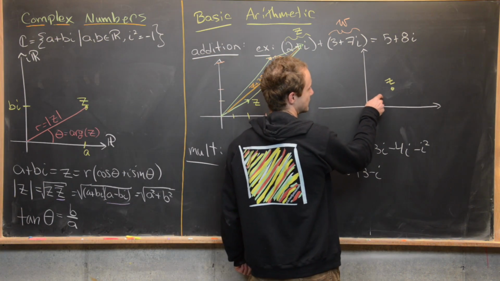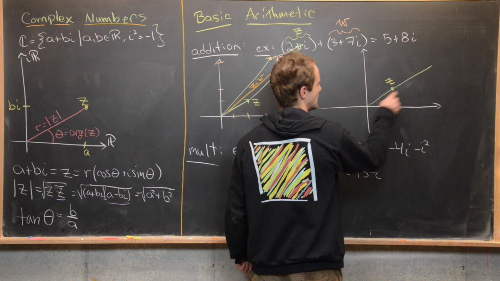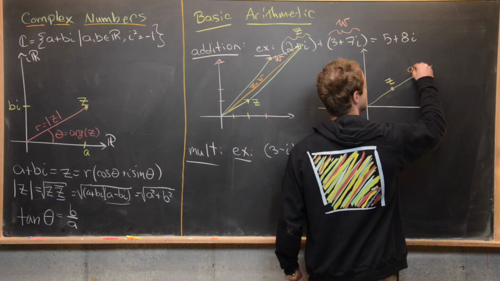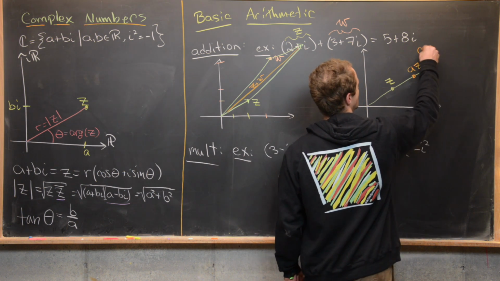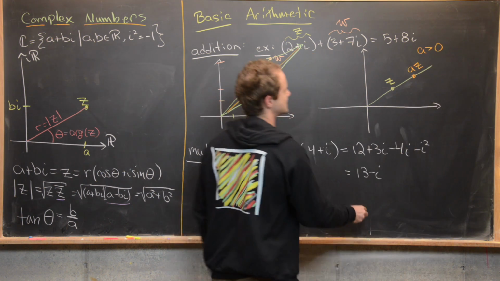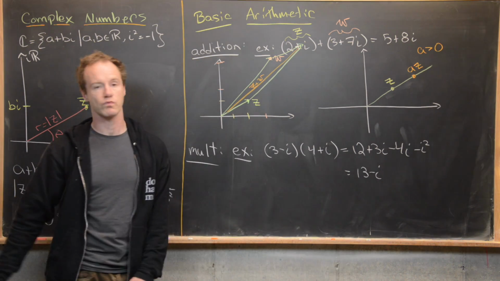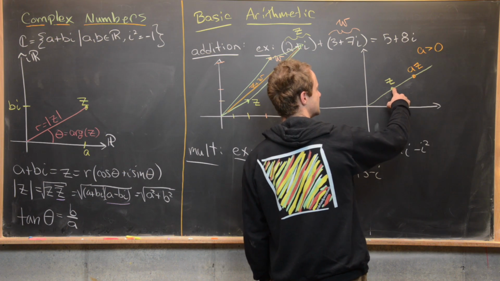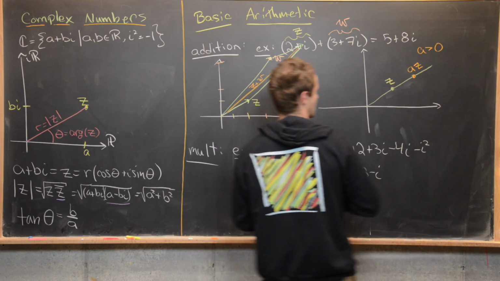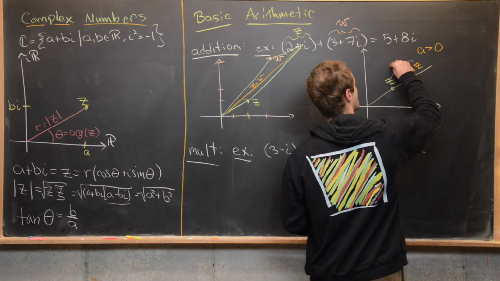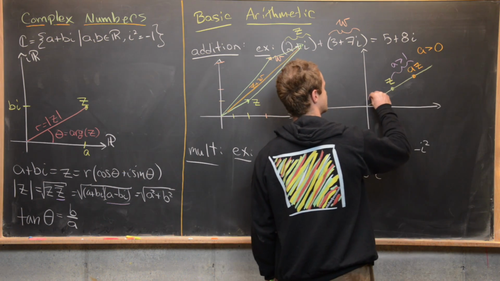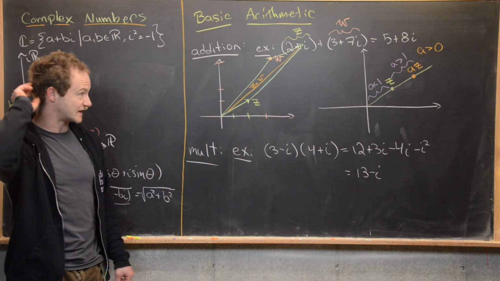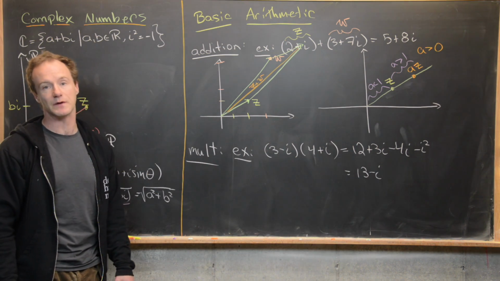Well, we're going to complete this ray along z, and then we'll get az out here. So notice if a is equal to 1, we land right back on z. If it's bigger than 1, we're going to land in this direction. And if it's less than 1, we're going to land in this direction. So it's an expansion or a contraction of the plane.